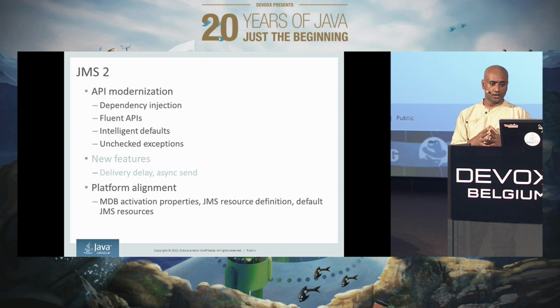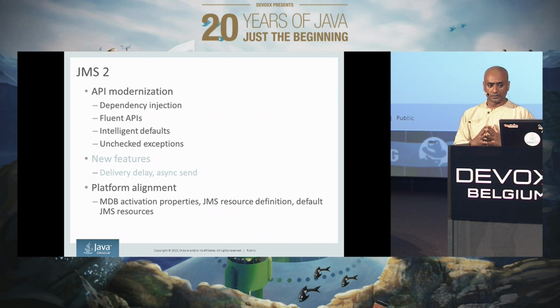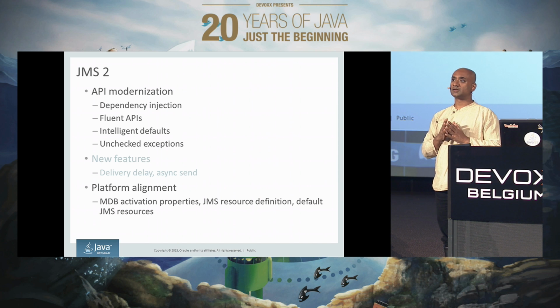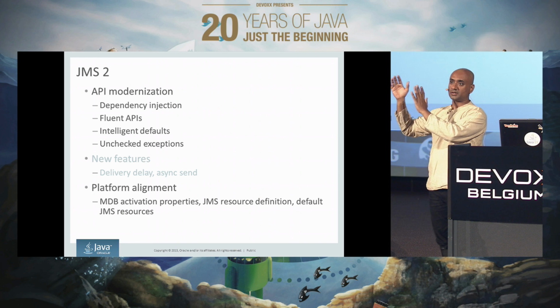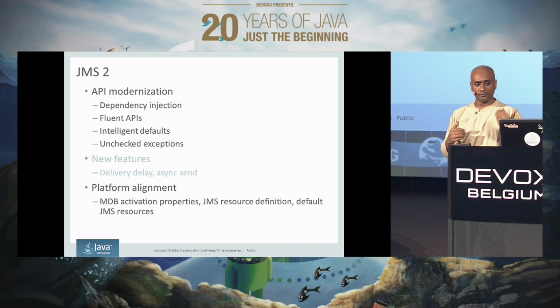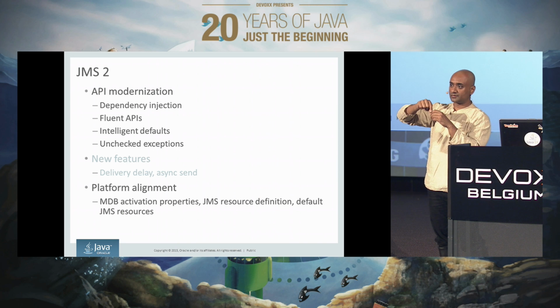What is delivery delay? In JMS applications, there's a common pattern where people use JMS as an event triggering mechanism. They want to do something in their system, and they say, let me fire off a JMS message, and I'll pick this message up later on to do something useful with it, to trigger some event in my system. The general pattern is, they send a message to a queue, and then they have a scheduled job running on a specific time frame that picks up the existence of this message and uses it to trigger a workflow.